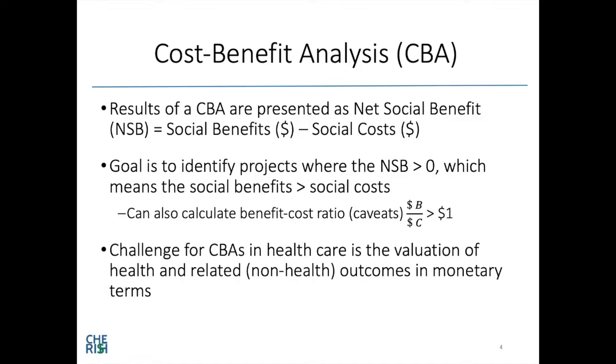Analytic differences in the components included in the numerator, the benefits, or denominator, the program costs, make benefit-cost ratios less comparable than estimates of net economic benefits. The challenge for the CBA is the valuation of health and related consequences in monetary terms, particularly when benefits come from disparate outcome domains and timeframes.